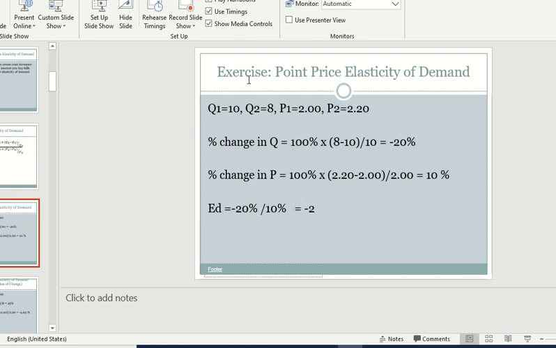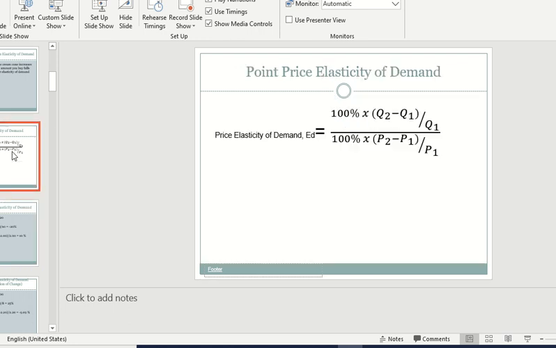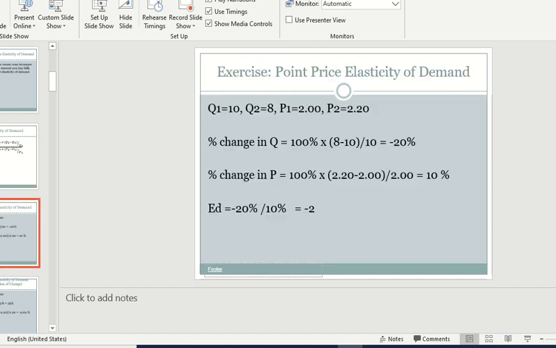So we have a special name for this formula that we are used to in math class. According to mathematical convention, that's how you find the percentage change in a variable. Here we call this point price elasticity of demand.